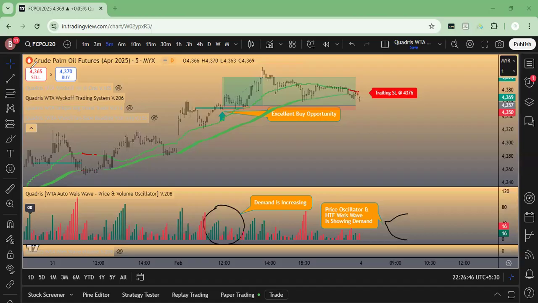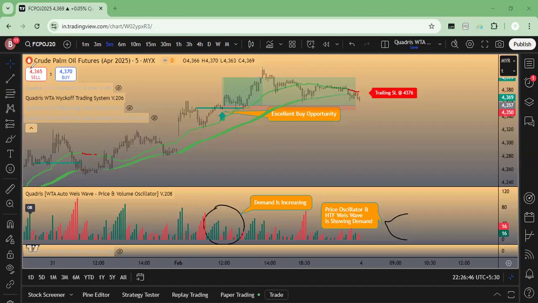So when green color is there, that means there is high volume activity and you can look for a trade. Even in this particular case, your price oscillator has given you a confirmation that prices are going to go upwards. And this same price and volume oscillator, I have incorporated into the 208 version.